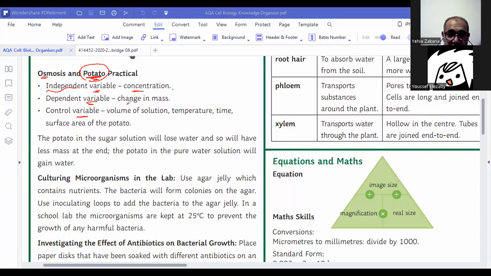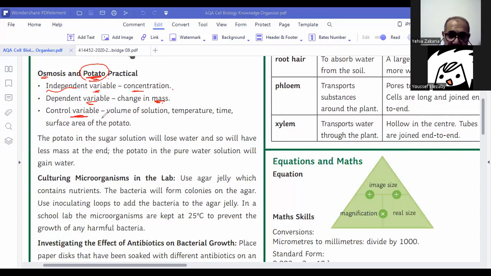Dependent variables are the changes that occur in the mass of the potato before and after the experiment. Understand?